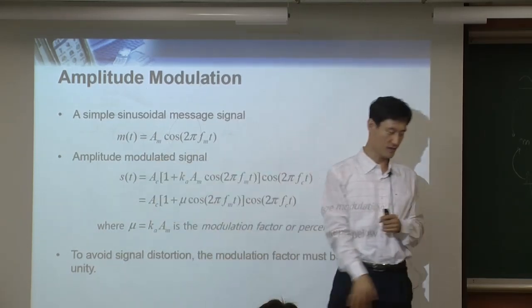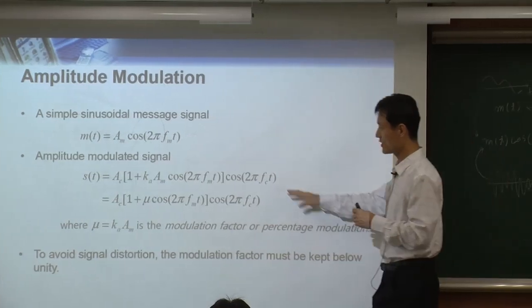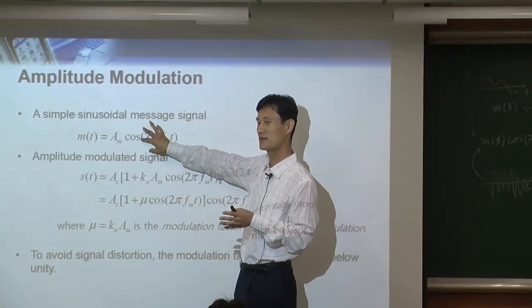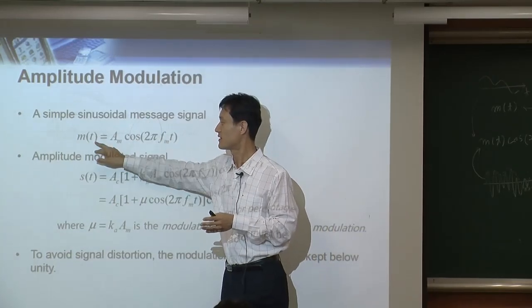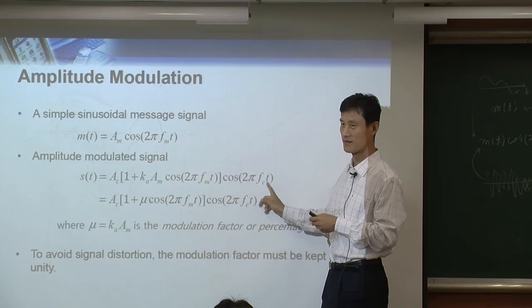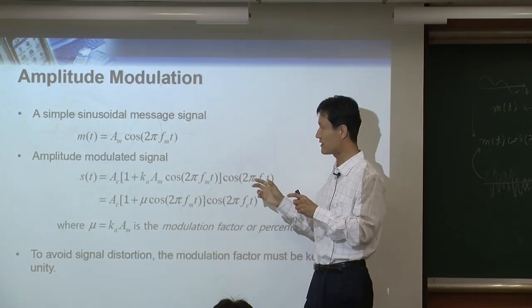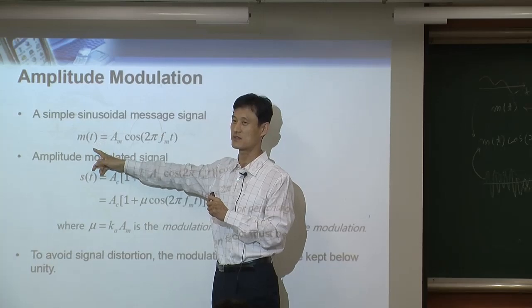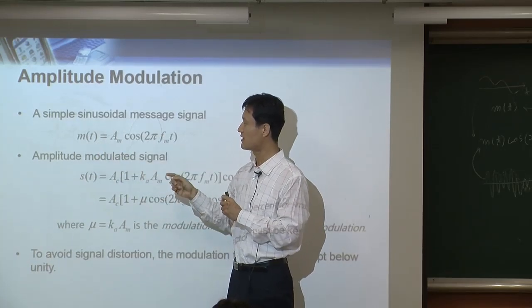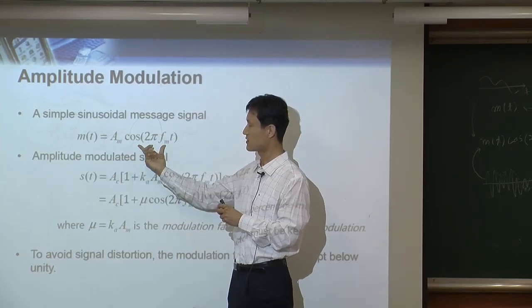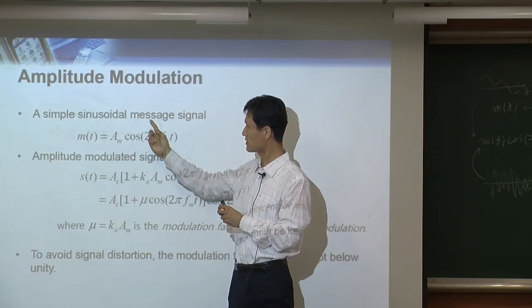You may be confused because we are seeing many different sinusoidal signals, but this is just a simple example. This is about the message, not the carrier. We still have a carrier here. This is the simplest example of our message. It's just a sinusoidal signal.